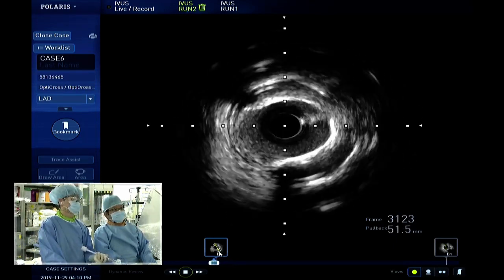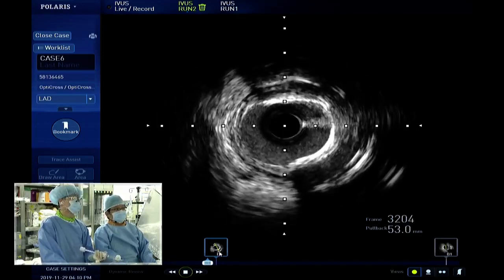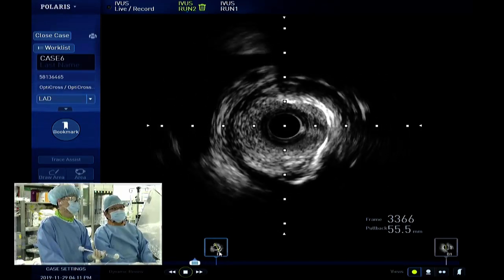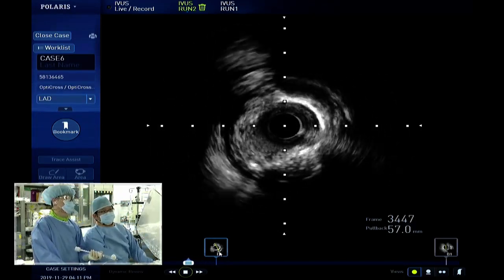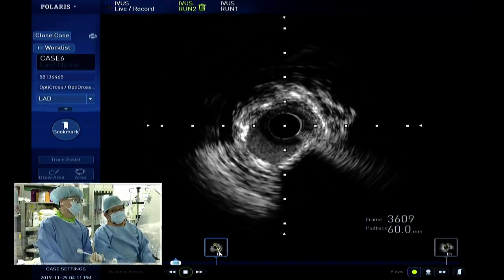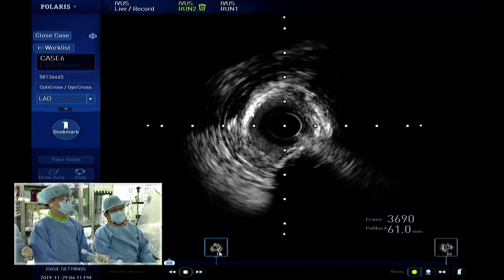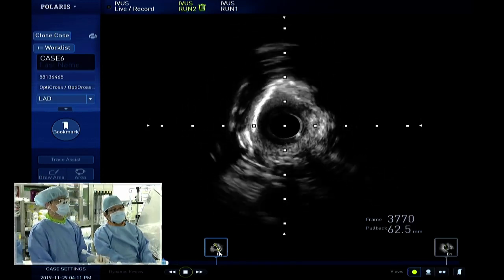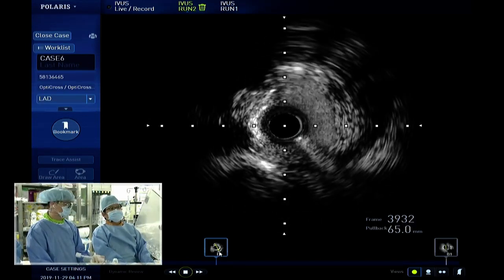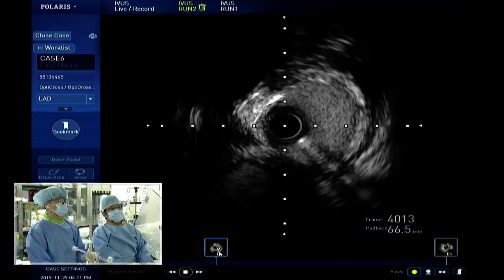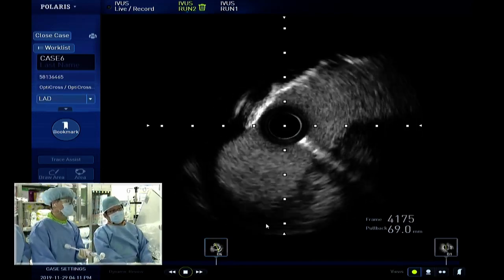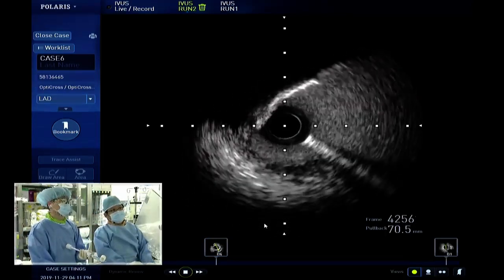Calcification. Another proximal lesion, and then this patient has a very short left main. Diagonal circumference coming from the 7 o'clock. Here is your left main, very short left main.